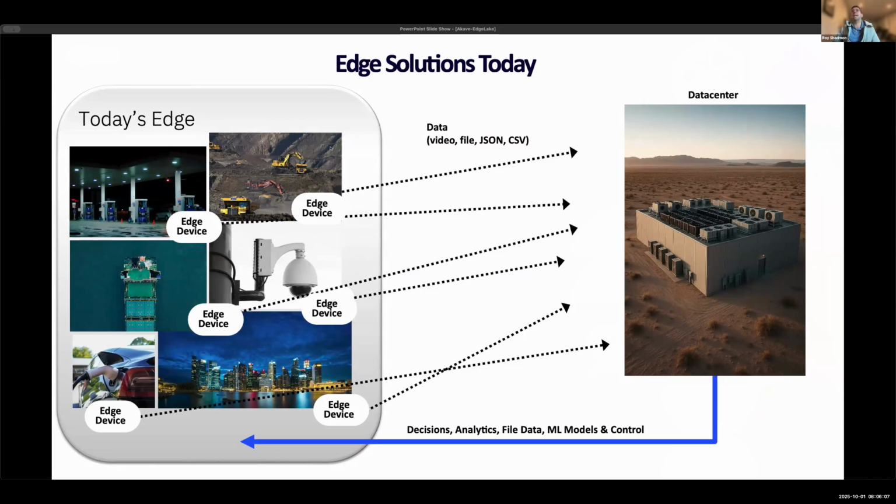So what we end up doing today is sending all the data to a data center, and this data includes video, files, JSON data, CSV, machine learning models. Everything that is done at the edge goes to the cloud, and we do the computation in the data center. And then all the decisions, the analytics, the file data that we need, the ML models, all the control decisions come back to the edge. And this is a very inefficient and expensive process.